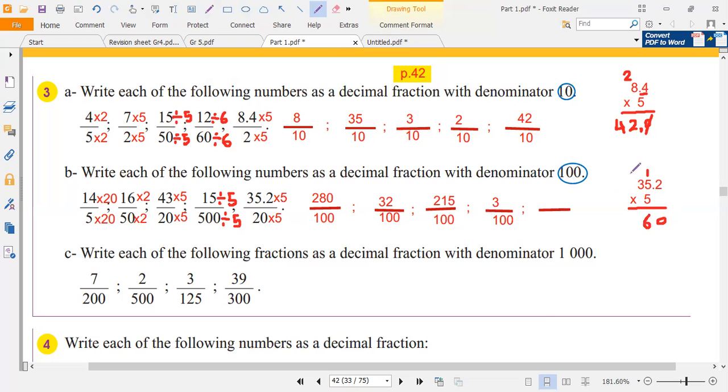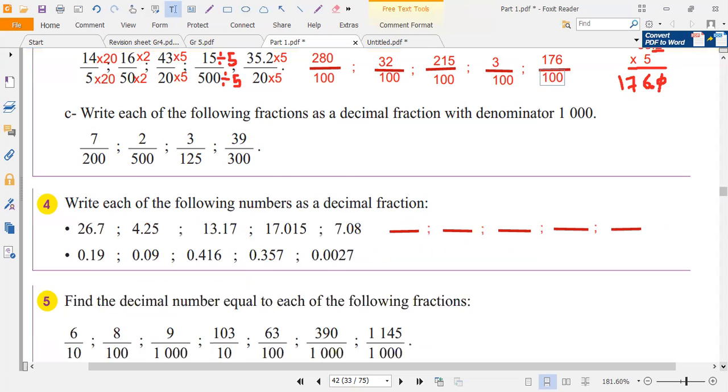So we write 6 and we carry 2. 5 times 3, 15 plus 2, 17. We have one digit after the point, so we put the point before one digit. 17.60, so we can cross this 0, and we get 176 over 100.